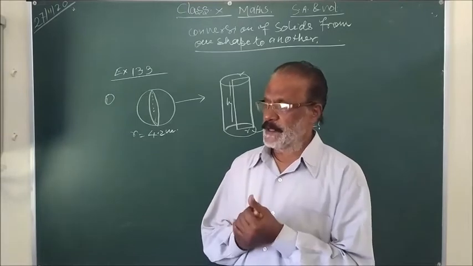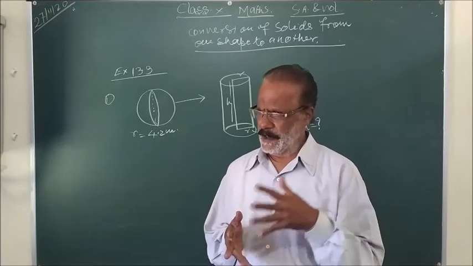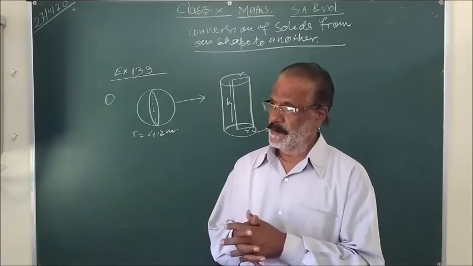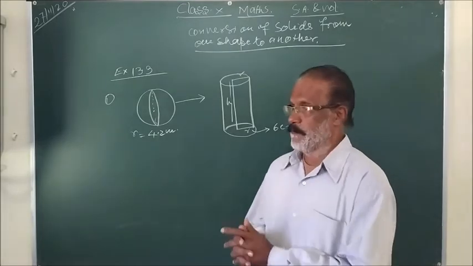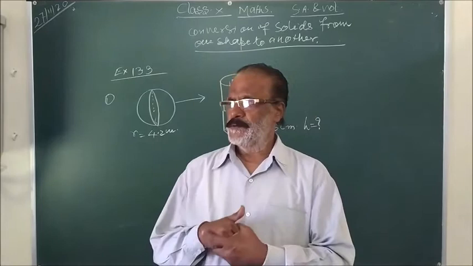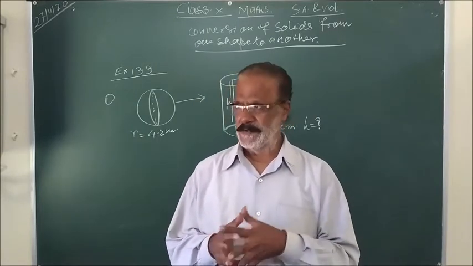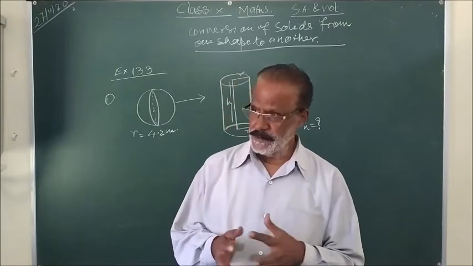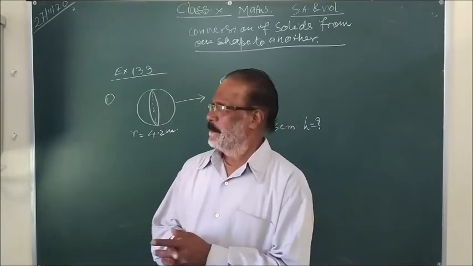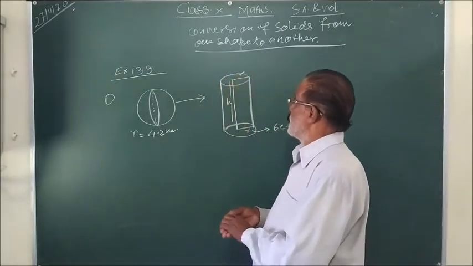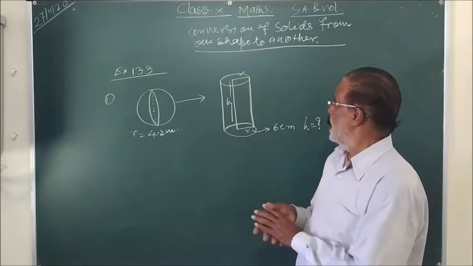I have explained 13.1: how to find the surface area of single solids, three-dimensional solids, using the formula, and also how to find the total surface area of a single solid or a combination of solids. Today we are going to learn conversion of solids from one shape to another shape.